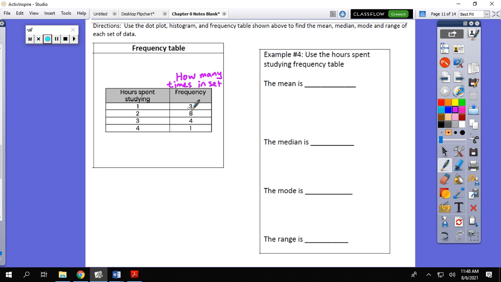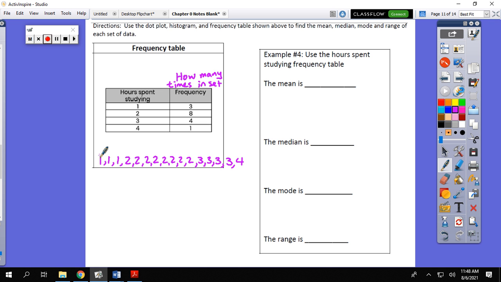We have 3 ones, so 1, 1, 1. We have 8 twos, 2, 2, 2, 2, 2, 2, 2, 2. We have 4 threes, 3, 3, 3, 3, and 1 four. So there is our data set written out as individual numbers.